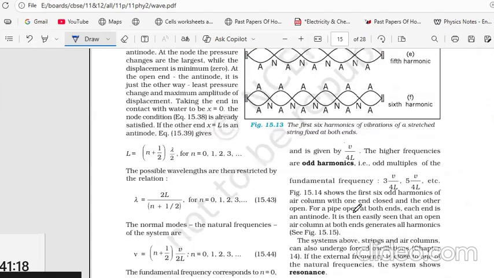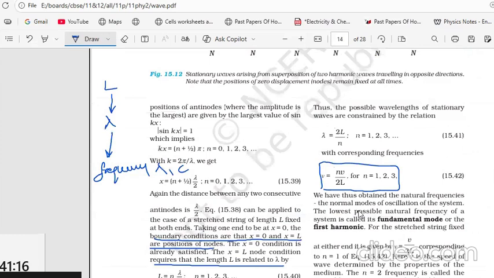That's what I was telling you, that L is related to the lambda, and the speed divided by the lambda. So V divided by 2L by N will give you the frequency. So this is the point where resonance happens, the natural frequency of the string and the oscillator match, and then you get a big amplitude. And so this is the concept.